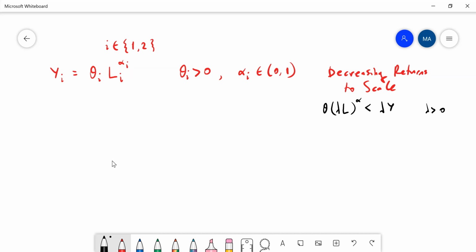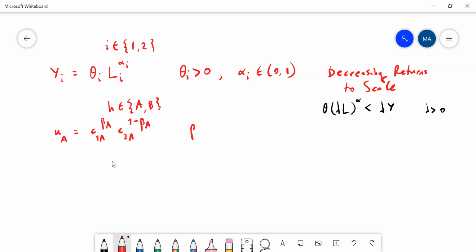Now utility functions are like this. So we have two consumers. Let's say A and B. Their utility functions are like this. From the first good, this is beta A, and from the second good, this consumer A obtains this utility.